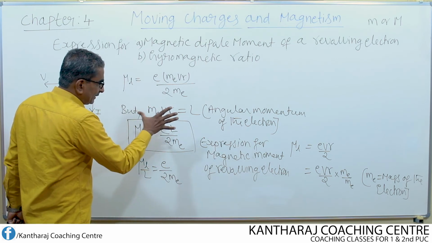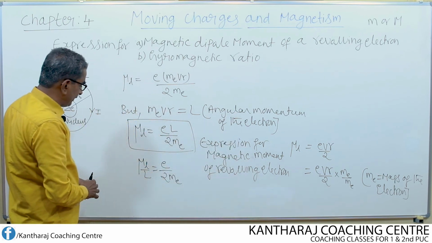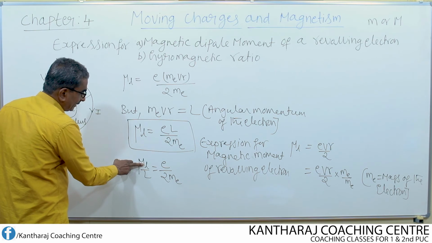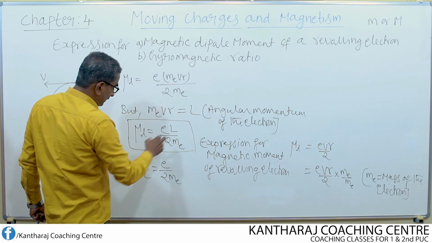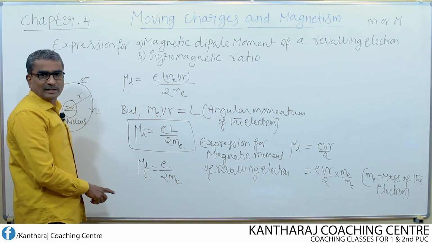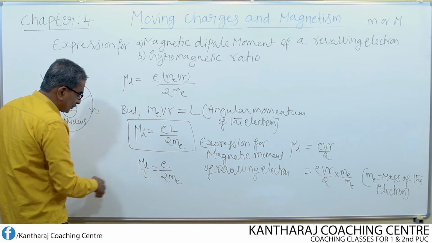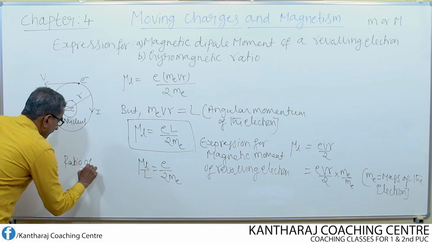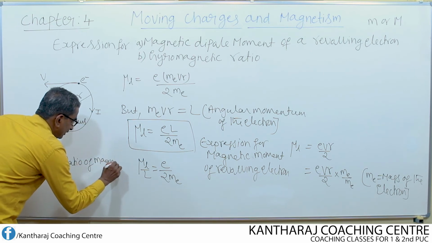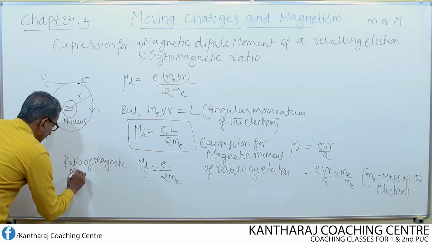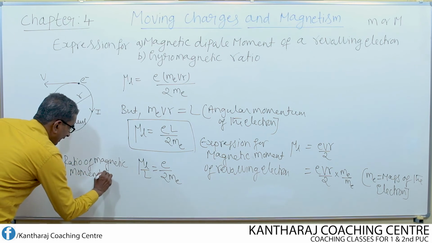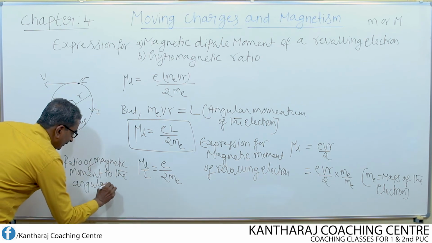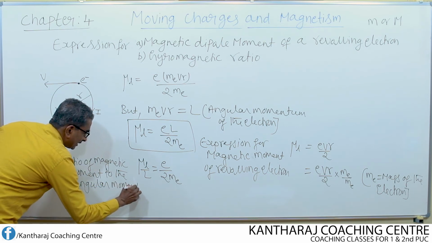So this gives the expression for the magnetic moment of a revolving electron, but what about this ratio? This ratio is nothing but the ratio of the magnetic moment to the angular momentum of the revolving electron.